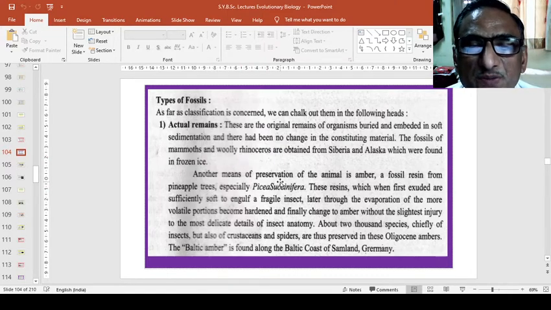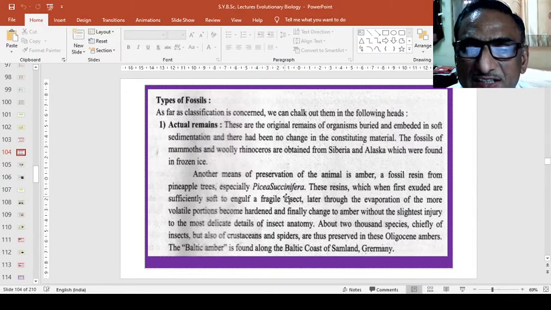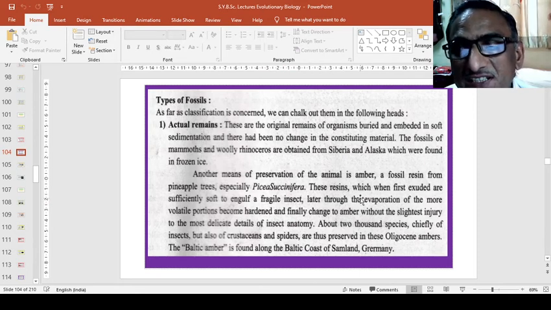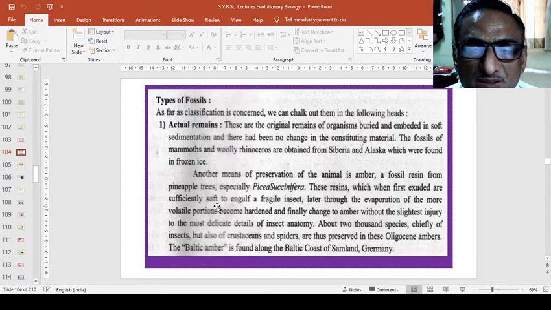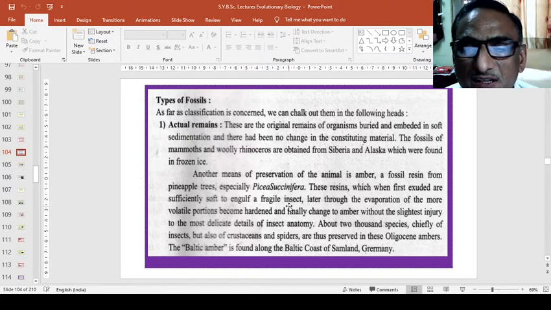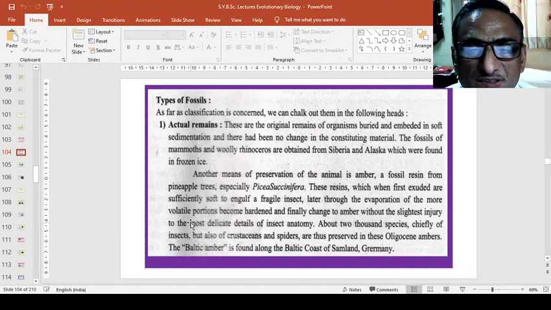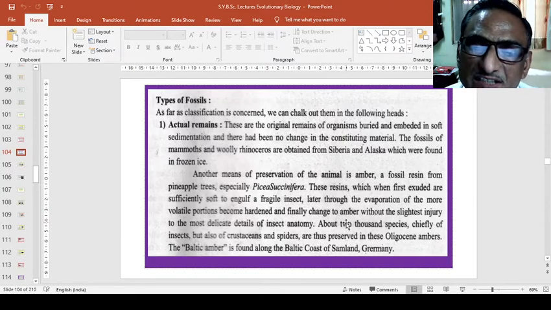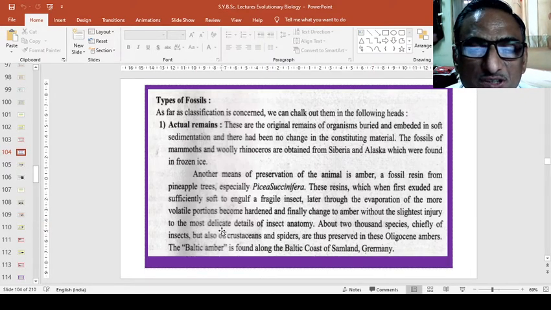Another means of preservation of the animal is amber, a fossil resin from the pine tree, especially Picea succinifera. This is the scientific name of the tree. And these resins, when first exuded, are sufficiently soft to engulf a fragile insect, but later through evaporation of more volatile portions become hardened and finally change to amber without the slightest injury to the most delicate details of the insect anatomy.